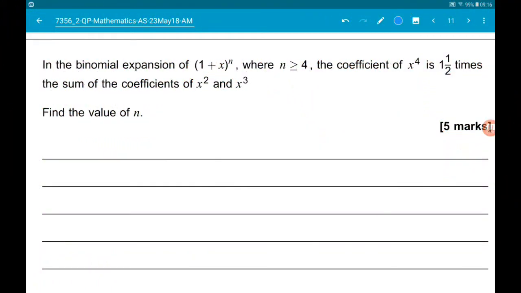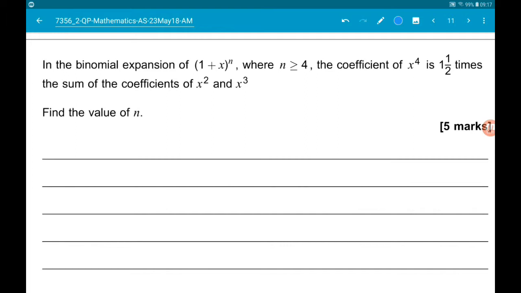Okay, here it is then. So 5 marks. In the binomial expansion of 1 plus x to the power of n, where n is greater than or equal to 4, the coefficient of x to the power 4 is 1.5 times the sum of the coefficients of x squared and x cubed. Find the value of n.